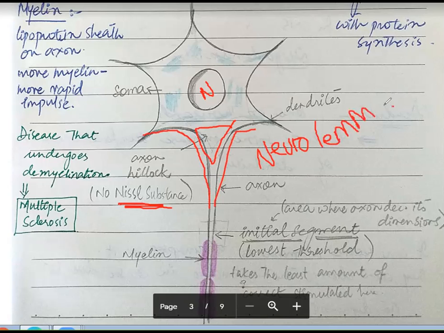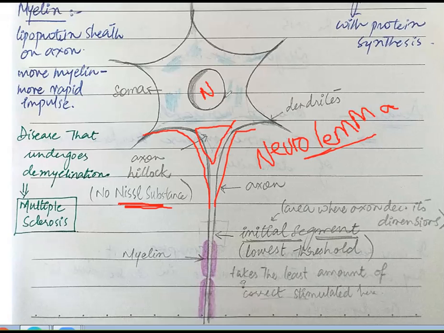This is the basic physiology and structure of neuron. You should know it. Neurolemma: what is neurolemma? It is the membrane of neuron. Cytoplasm of neuron is Nissl substance. Membrane of neuron is neurolemma. Then we have this nerve fiber, which we call axon. So axon is also used in replacement of nerve fiber.